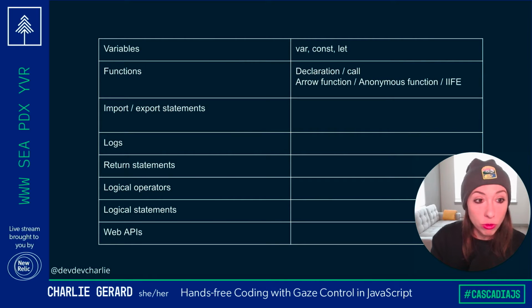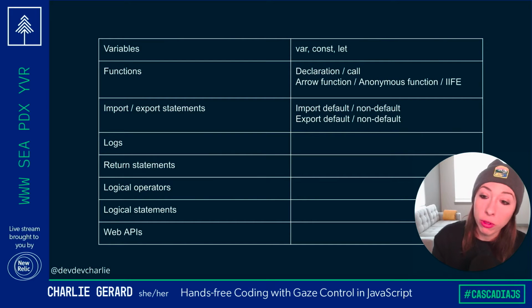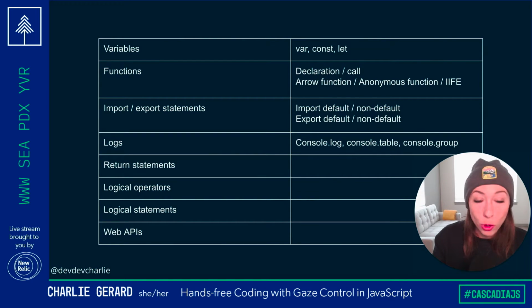You can write your functions as arrow functions, anonymous functions, immediately invoked function expressions. For import and export statements, they can be default or non-default. For logs, you're probably very familiar with console.log. I definitely am, but there's also console.table, console.group, even more that I've actually never used, but there's only a specific amount.